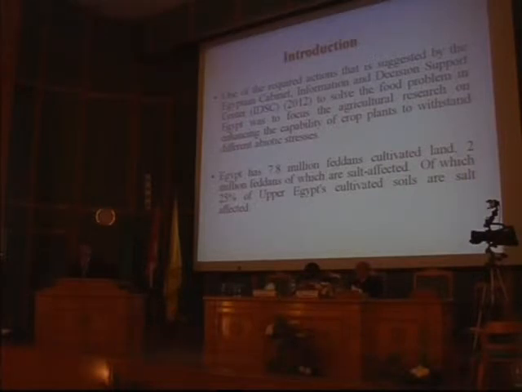In Egypt, we have 7.8 million faddan cultivated, of which about 2 million faddan are salt affected, which means we are losing our land. The north coast region, for example, is really affected by salt concentration. Even the Nile River itself, year after year, its salt concentration increases, which means we start losing our lands, and this will affect the availability of food in Egypt.